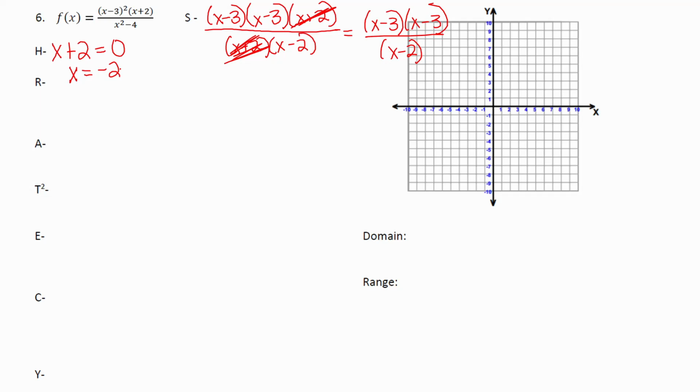Now, I need to find what y connects to that x. So to do that, I'm going to take this -2 and I'm going to plug it in for the x into my simplified version. So I'm going to make some room over here because I don't have a lot of room over there. So I'm going to go -2 minus 3, over -2 minus 2.